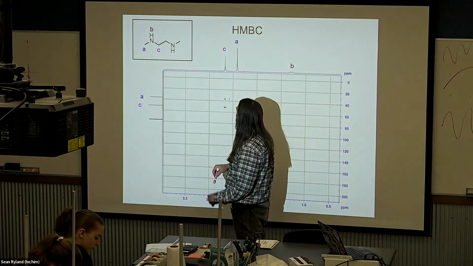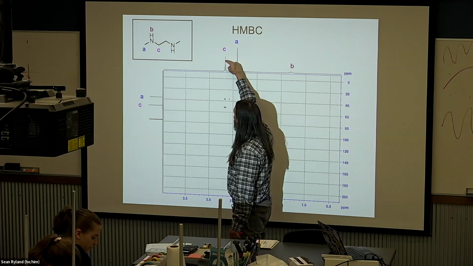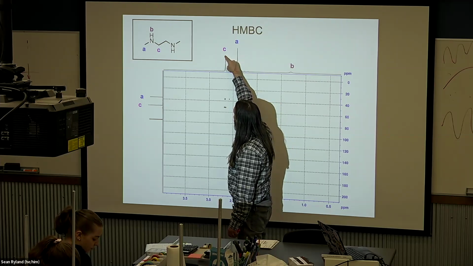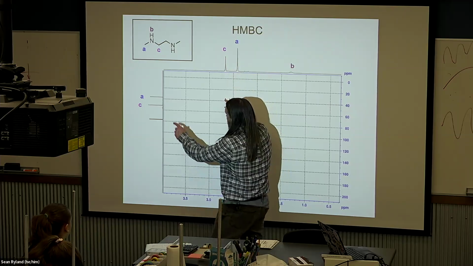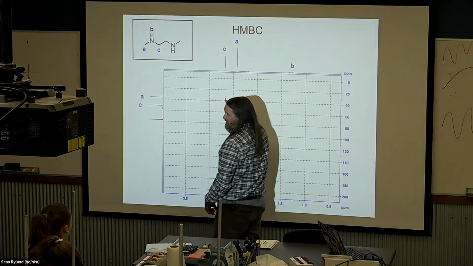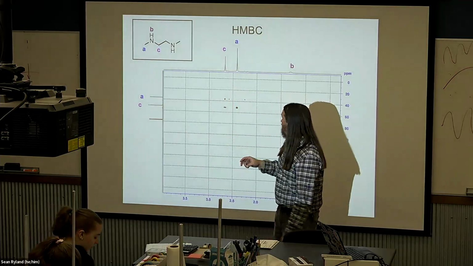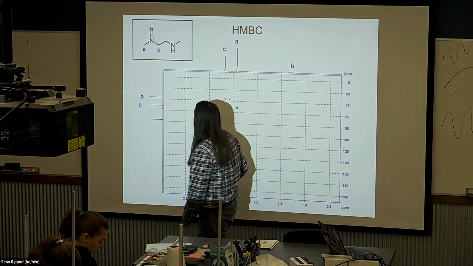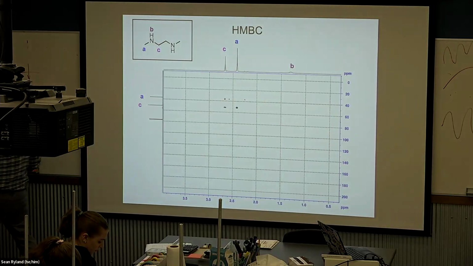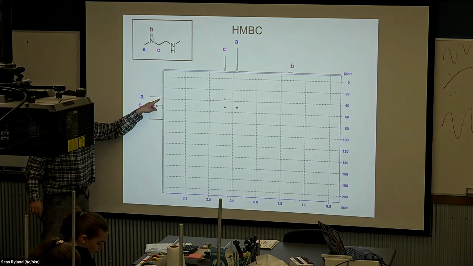But now if we do an HMBC, that allows us to say, okay, this carbon or this proton is correlated with this carbon, so it must be either 2 or 3 bonds away. This proton, in other words the hydrogen that is on C, is 2 or 3 bonds away from a carbon A.